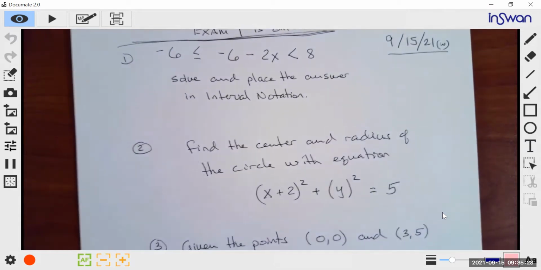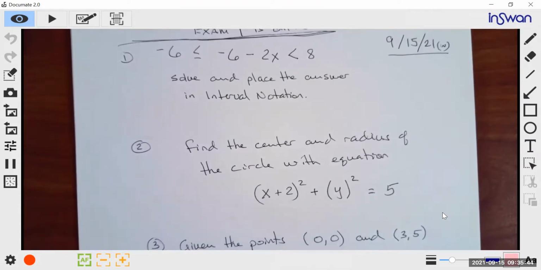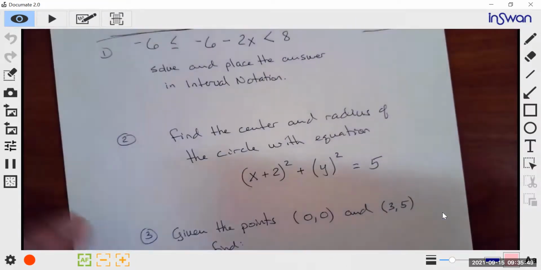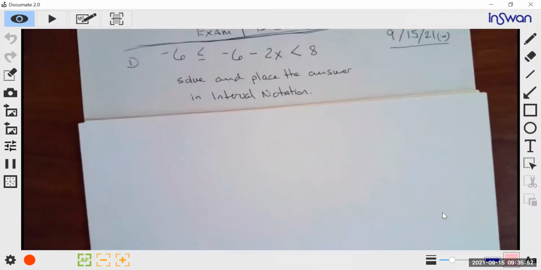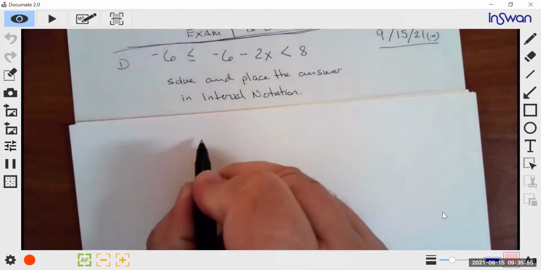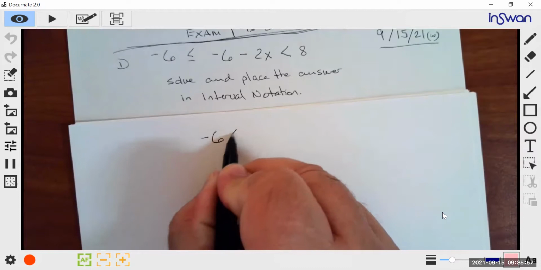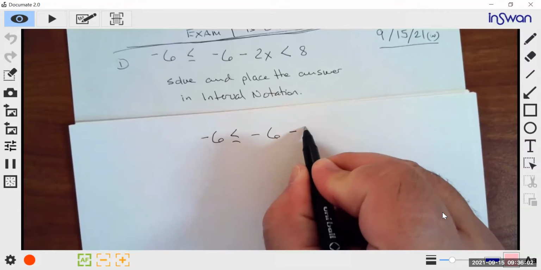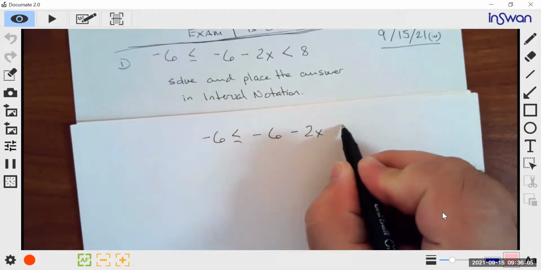So first question says -6 less than or equal to -6 minus 2x less than 8. Solve and place the answer in interval notation. So -6 minus 6 minus 2x less than 8.